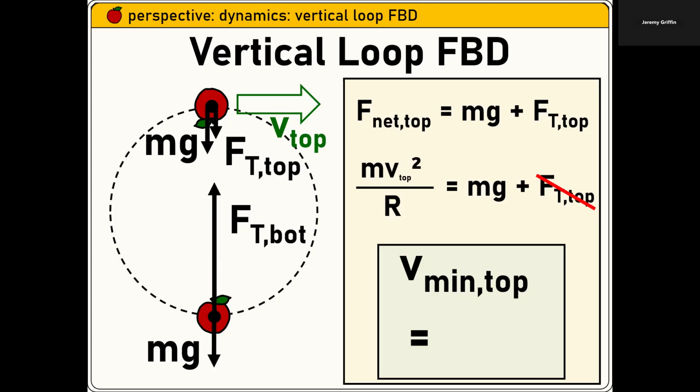The mass. If you want to solve for v, can you finish off the algebra and solve for v at the top? What's the minimum speed to get around the top? Maybe someday you're designing roller coasters for a theme park, and the roller coaster has to make it around a vertical loop. You've got to know how fast it has to go at minimum. What do you come up with? What's the v minimum at the top?